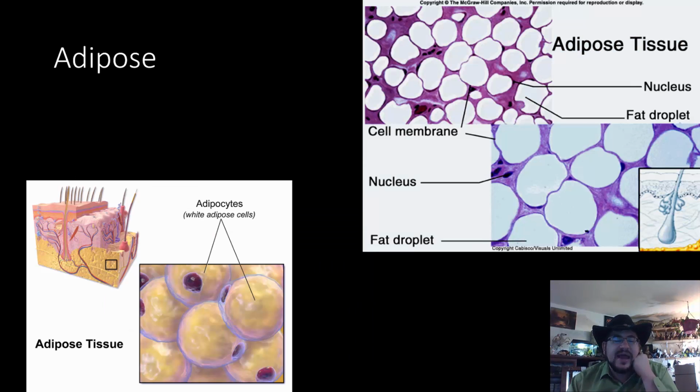Next up is adipose tissue. So adipose tissue is fat storing cells. So the adipocytes in adipose tissue, cyte is the suffix that means what now? That's right, cell.